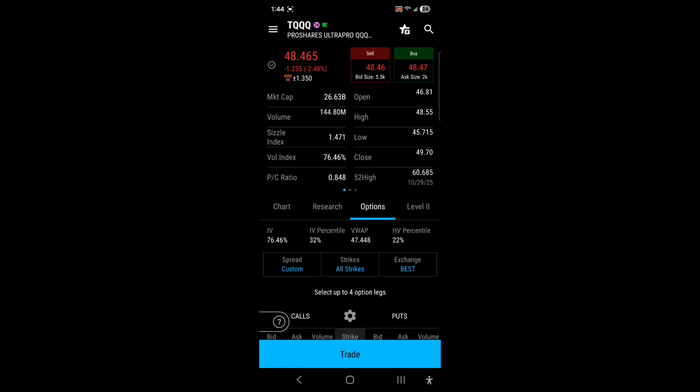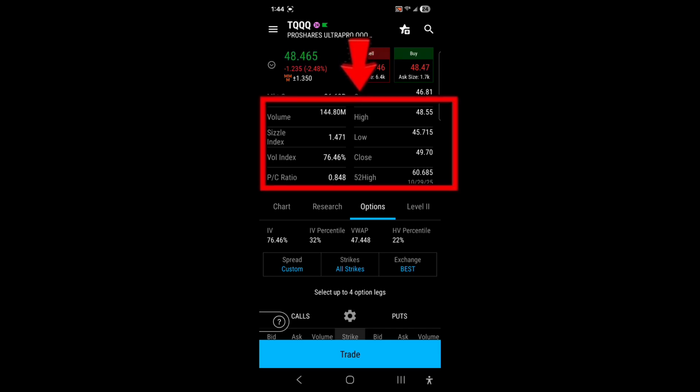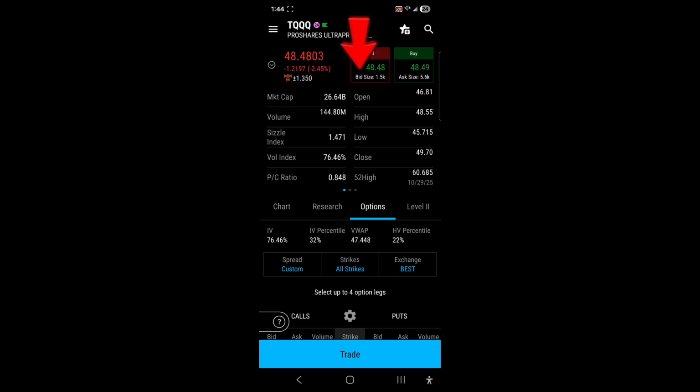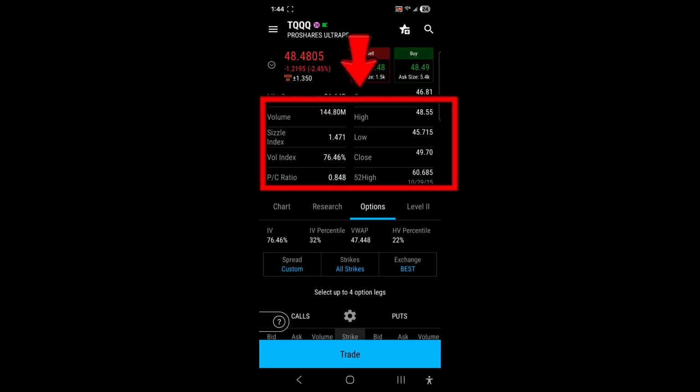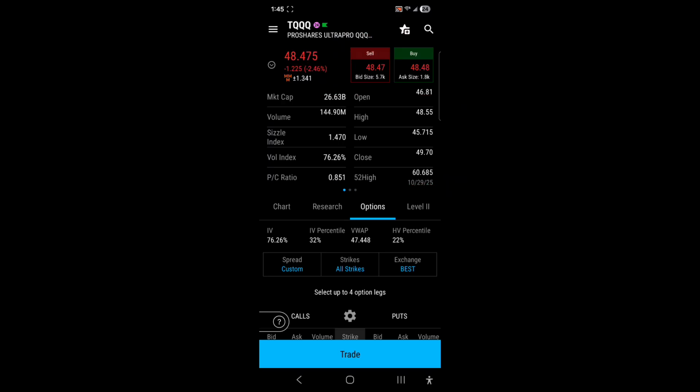This region here shows you many more numbers about the ticker symbol. In this case, as TQQQ, it is a leveraged ETF. It shows you its market cap, its highs and lows for the day, its PE ratio. And honestly, I don't look much at this item at all.